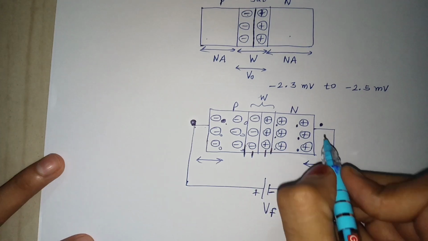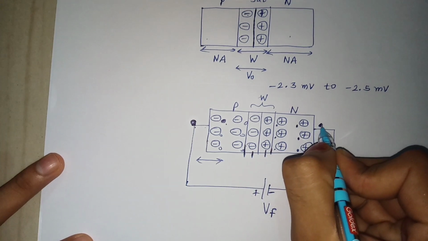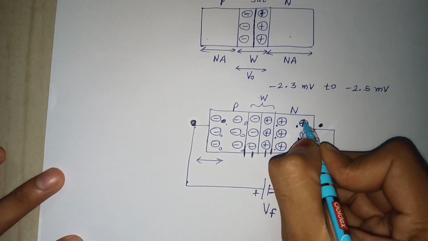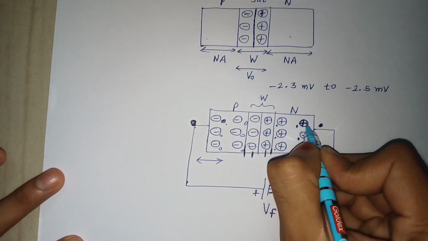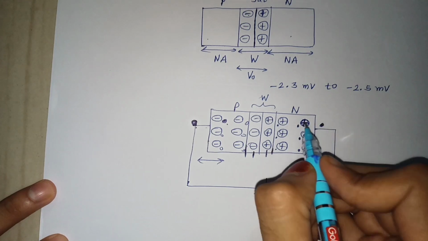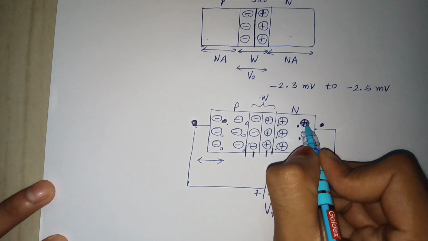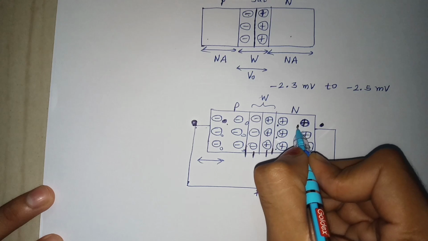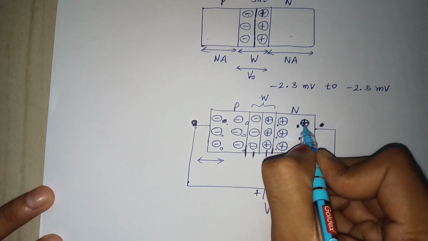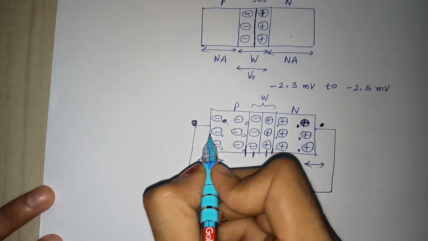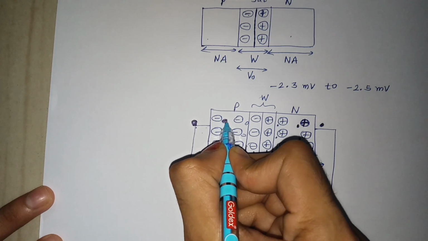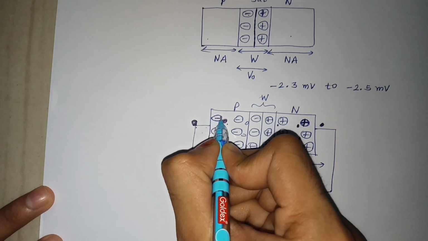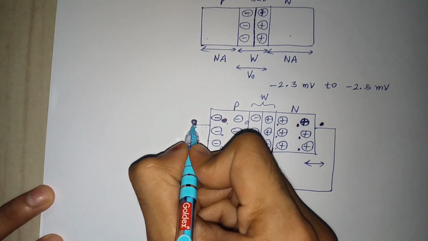Now the question: why doesn't this electron attract the hole present on the n side? It is attracted, but the holes present in n-type are minority charge, meaning the concentration of electrons is more here than holes. Same on this side, the concentration of holes present on the p side is greater than the electrons present on the p side.